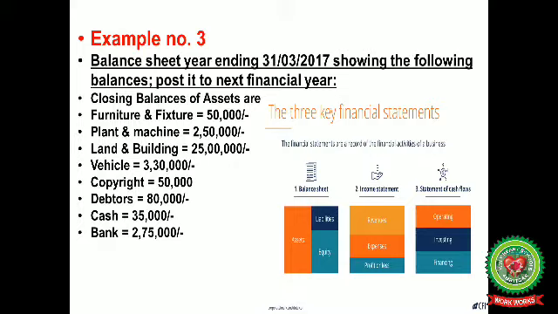Income statements consist of revenues and expenses. The difference of revenue and expenses, that is revenue minus expense, equals your profit or loss. And in a balance sheet we record all assets, liabilities and equity. Equity is the amount invested by the owner, that is known as capital.